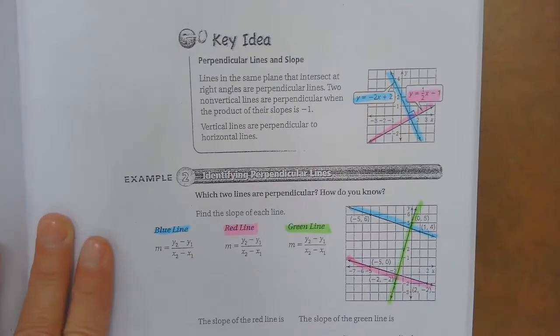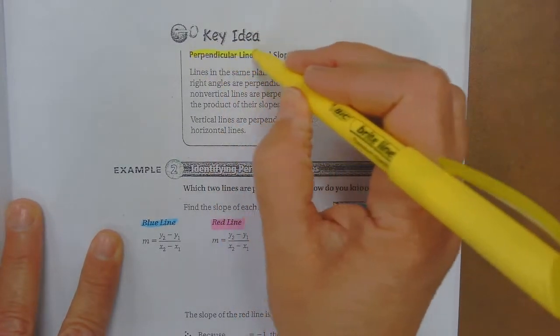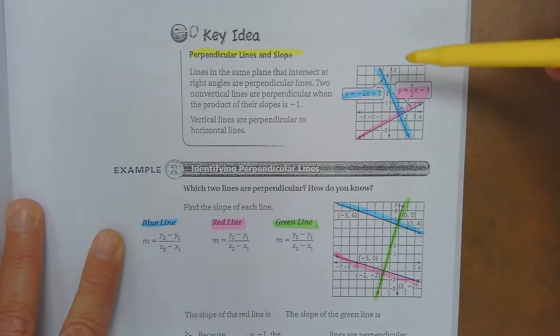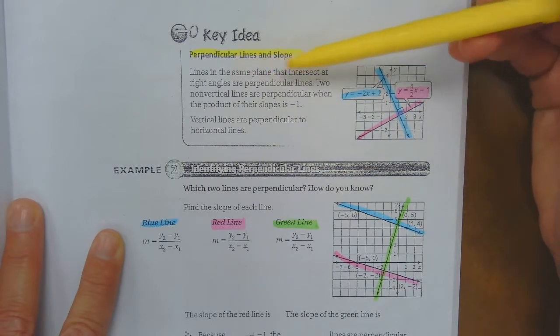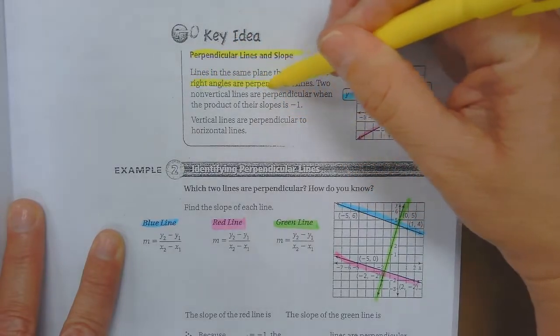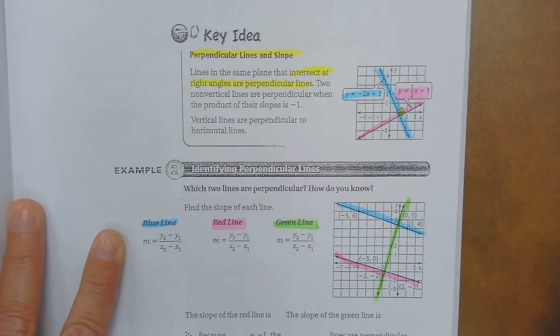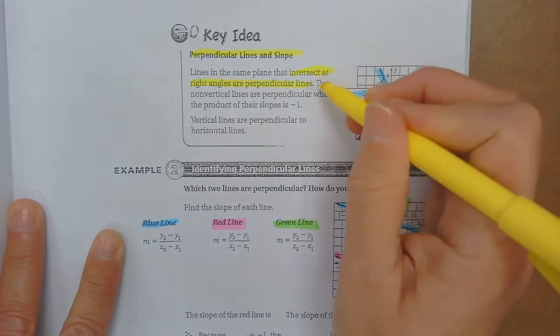For now, we're going to move on to the next part of our lesson, and this key idea is about perpendicular lines and slope. So lines in the same plane that intersect at right angles are perpendicular. Okay, so they have to be at a right angle, and look for that little square there that shows you that it's a right angle.